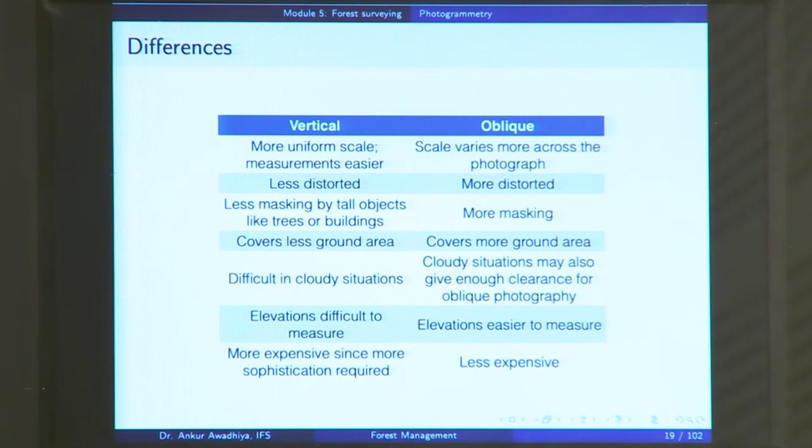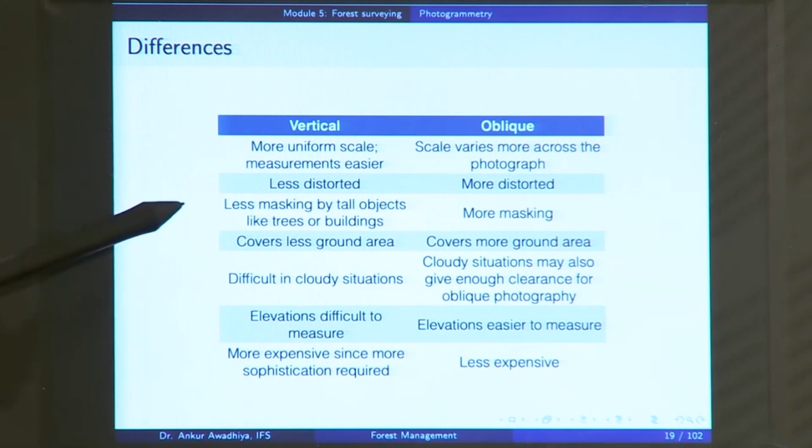You can make use of these images for, say, interpretation purposes, but if you want to use these images for taking measurements, then it becomes difficult. So there is more computation that needs to be done to be able to measure things on an oblique photograph. The vertical photograph is less distorted, the oblique photograph is more distorted.